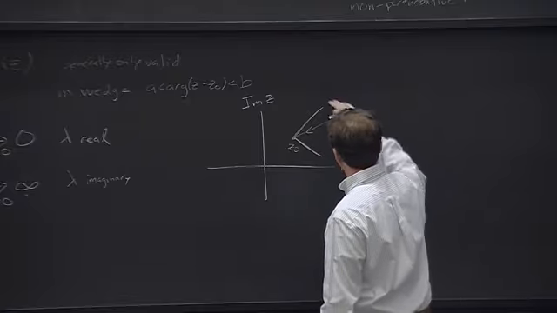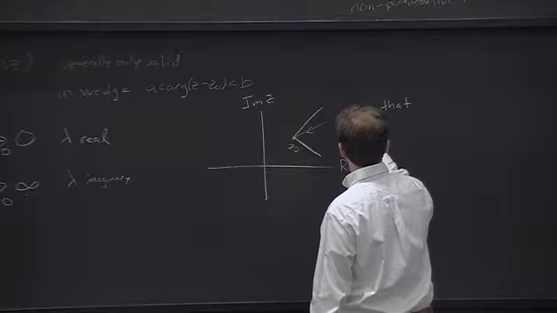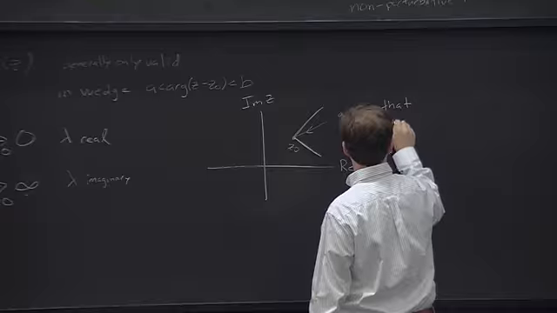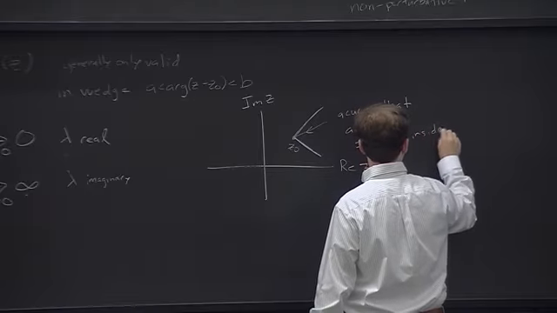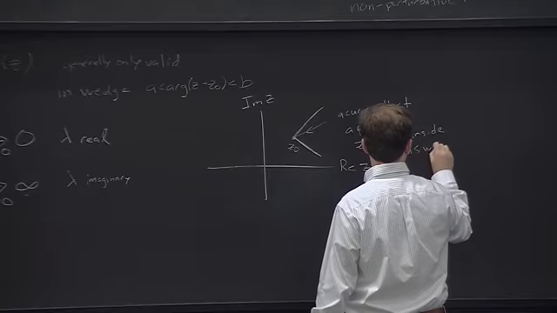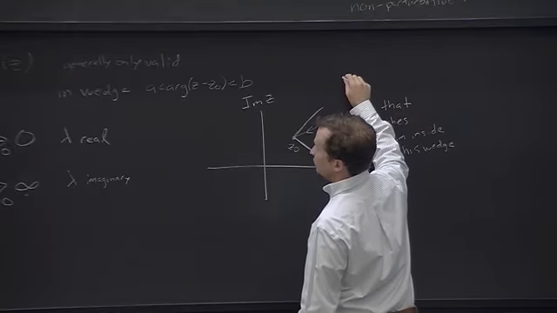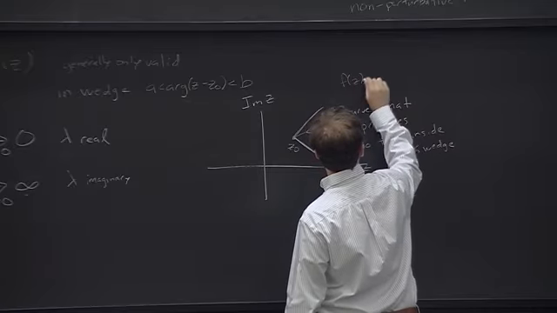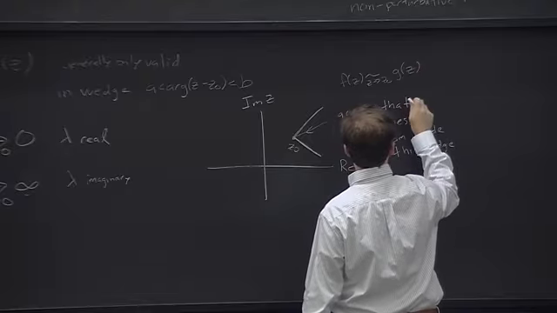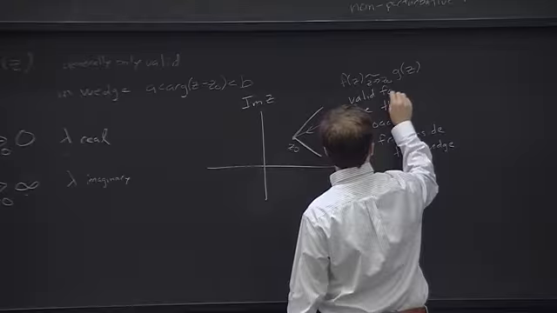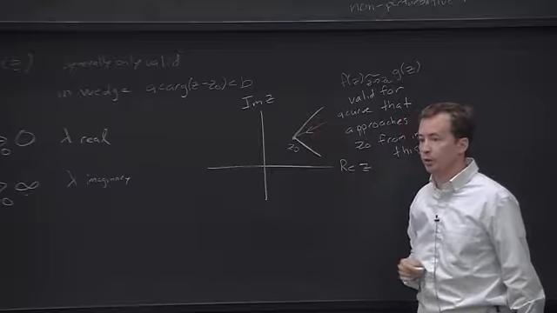So a curve that approaches z naught from inside this wedge, so that the relation f of z versus z naught as f of z is asymptotic might be valid for a curve that approaches from this direction, but will fail if it approaches from some other direction.